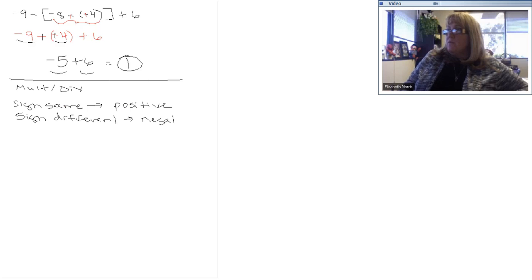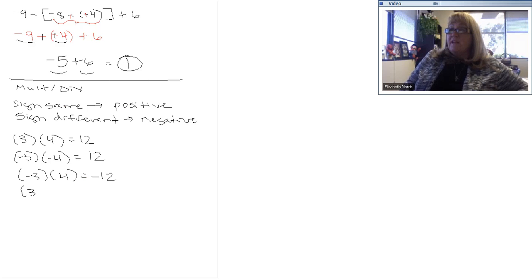So, for instance, 3 times 4, you know, is 12. Negative 3 times negative 4, the signs are the same, it's positive 12. Negative 3 times positive 4, the signs are different, so it's negative 12. And 3 times negative 4, signs are different, it's negative 12.